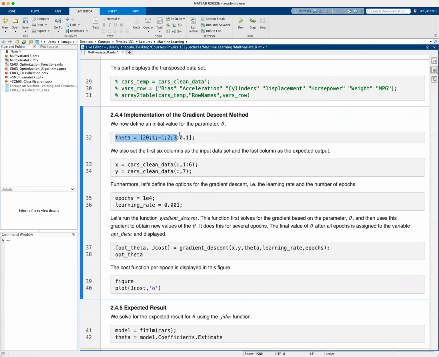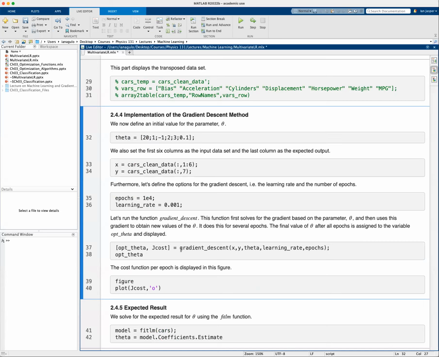Now, remember yung parameter na theta, sa gradient descent meron kayong initial na guess. Sa previous na lesson natin, sinabi natin na yung theta ay yung initial na guess natin. Kaya dito, nagbibigay muna tayo ng initial guess for theta.